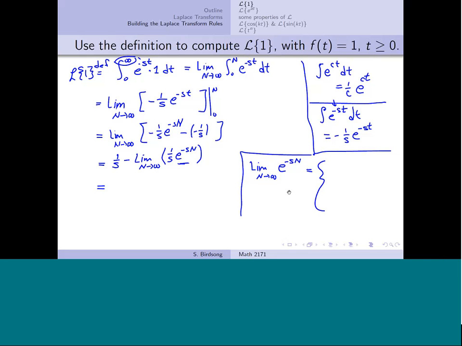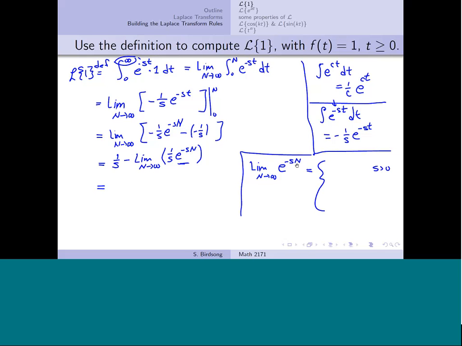I'm going to claim that there are several options. Well, what happens if s is positive? If s is positive, you'll have some positive number multiplied by a negative out front, so this whole thing will be negative. And then n is getting really big towards infinity, but if something getting really, really big towards infinity is multiplied by a negative number, what's going to happen to that exponent?